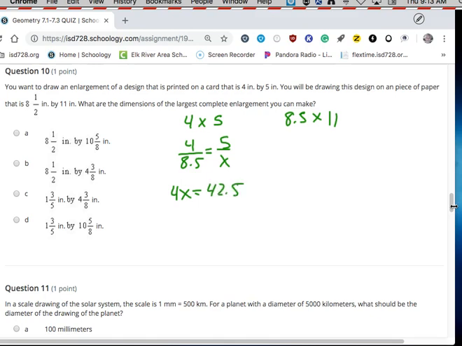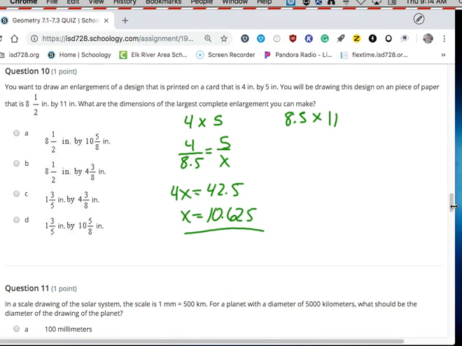42.5. I divide that by 4, and it's 10.625. That will totally work on that paper.